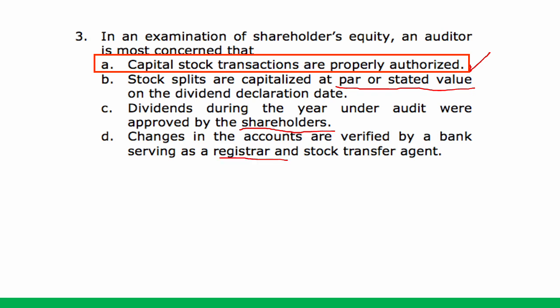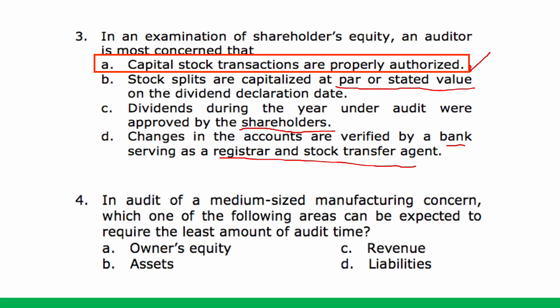So it's not the registrar, nor the stock transfer agent, nor the bank that verifies the changes in the account of shareholders' equity. Because each transaction affecting shareholders' equity should be validated and approved by the board of directors of the entity. Okay? So kaya number 3, the best answer is letter A.